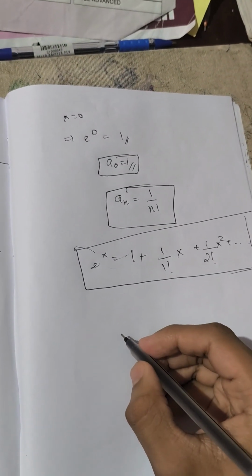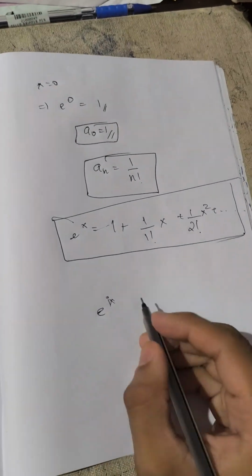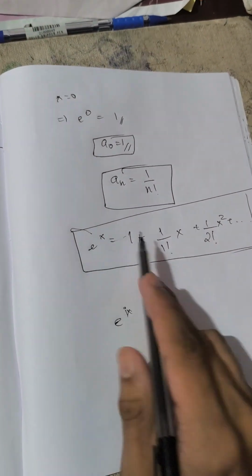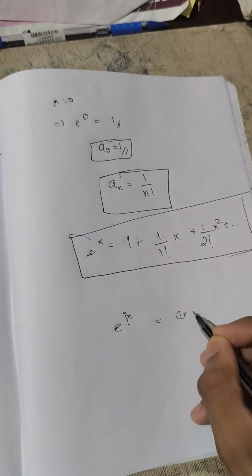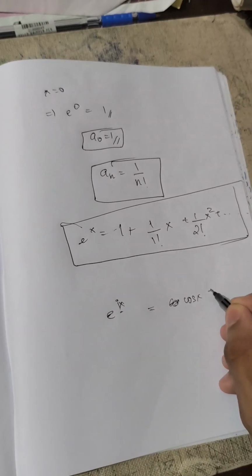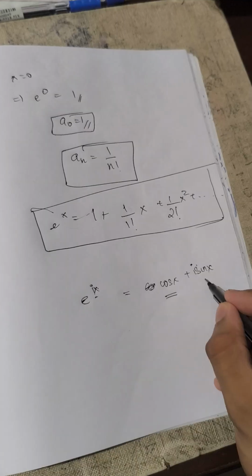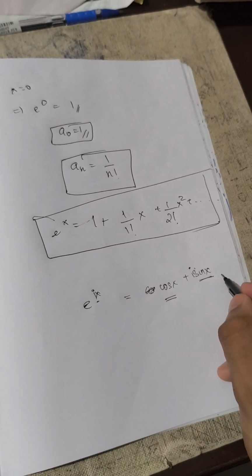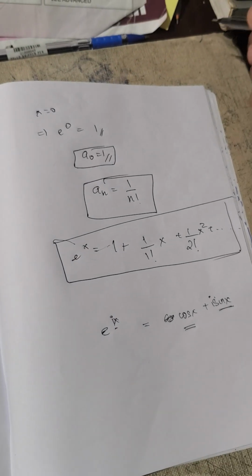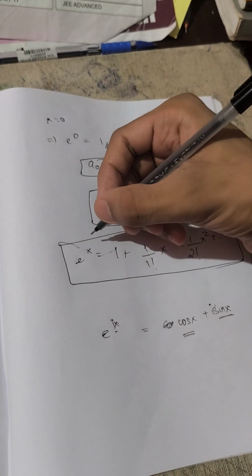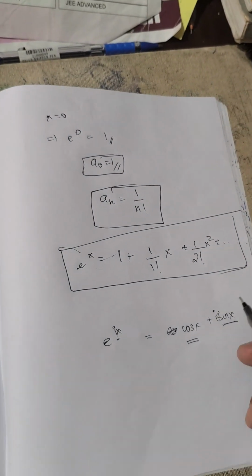And that is, if instead of x you put ix, where i is the imaginary number, you can write e raised to ix as cos x plus i sin x, where this is the real part and this is the imaginary part. So to get the series expansion of cos x and sin x, all you need to do is put ix in here and separate the real part and the imaginary part, and you'll get the series for cos x and sin x.